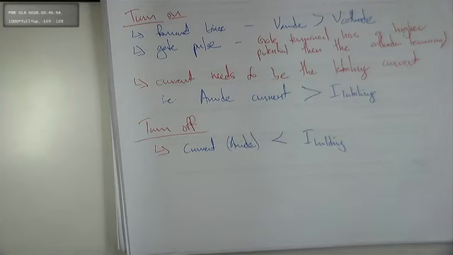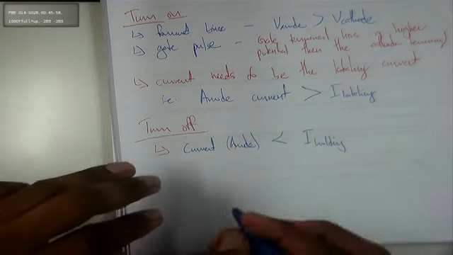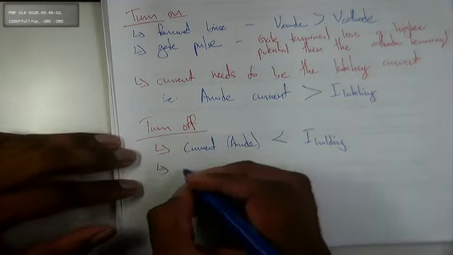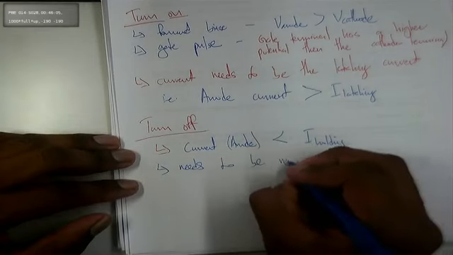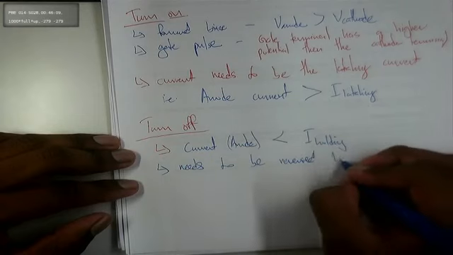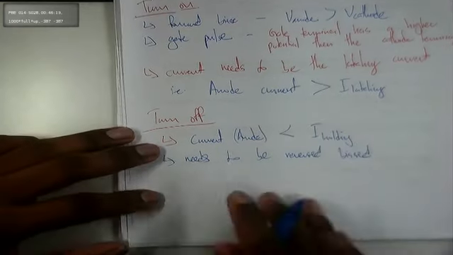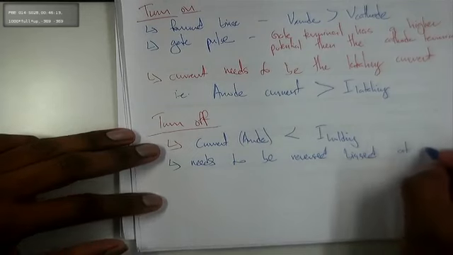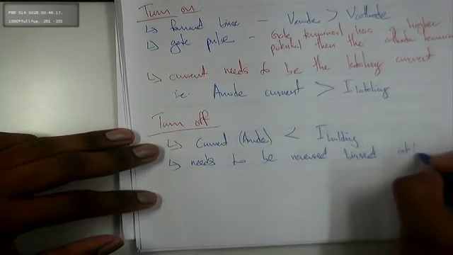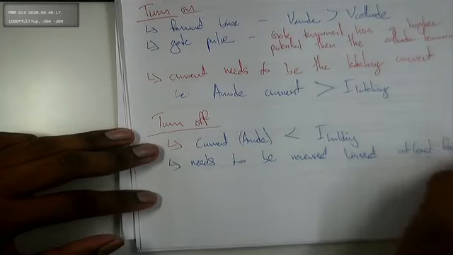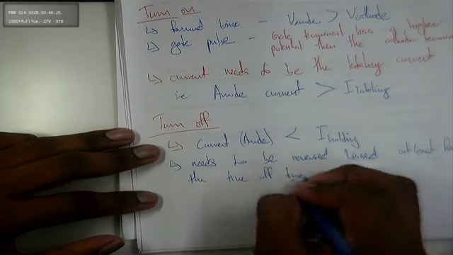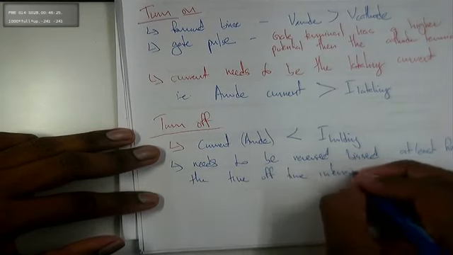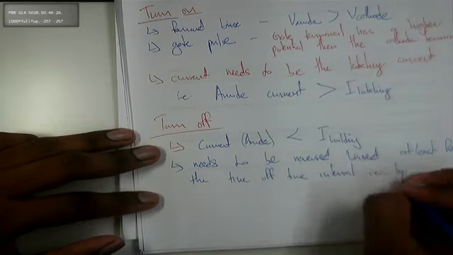And it also needs to be reverse biased at least for the turn off time interval, that is TQ.